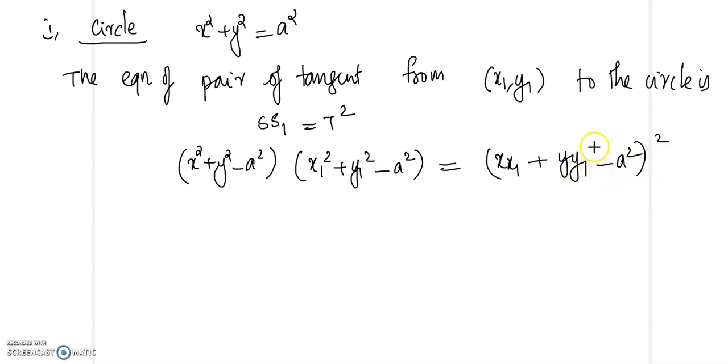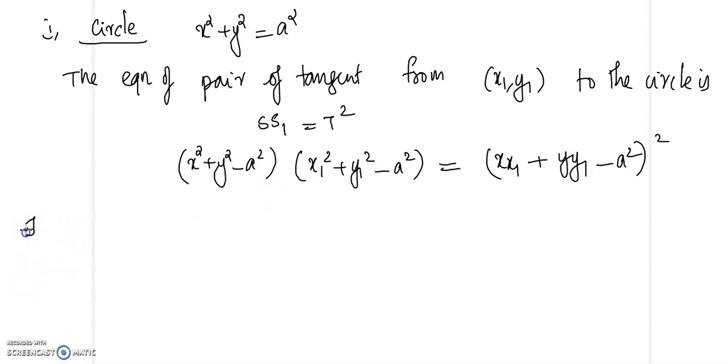From the equation of pair of tangents, we can find the angle between the pair of tangents. When the angle is 90 degrees, the coefficient of x square plus the coefficient of y square will be equal to 0. We will be using this result for finding the equation of the director circle, or the equation of the locus.